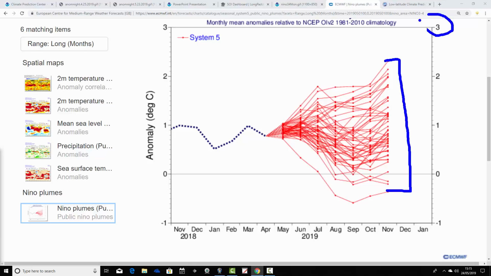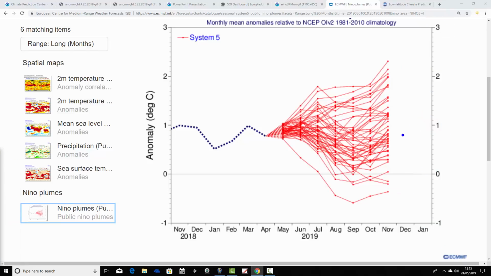So 3 degrees above average, that's going to be really record breaking El Nino temperature, Super Nino territory. 2 degrees above average is a very strong El Nino. 1 degree above average is a weak El Nino, and of course that's ENSO neutral just there, and that will be a weak La Nina down there. So our range is anything from a strong El Nino down to a weak La Nina.